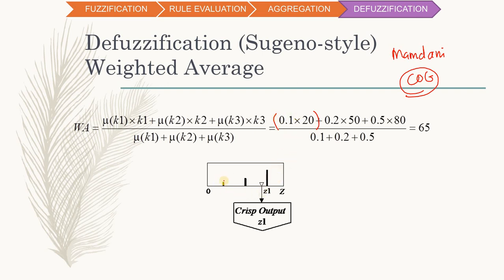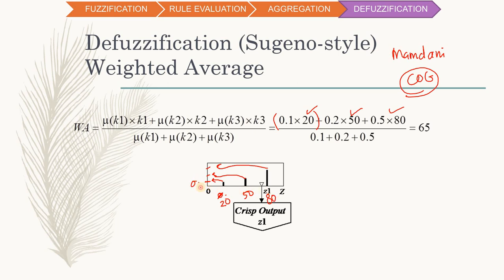every mathematical function here, the degree of membership times the value of your universe of discourse. Okay, so for example here, this is 20, this is 50, based on here, and this is 80.